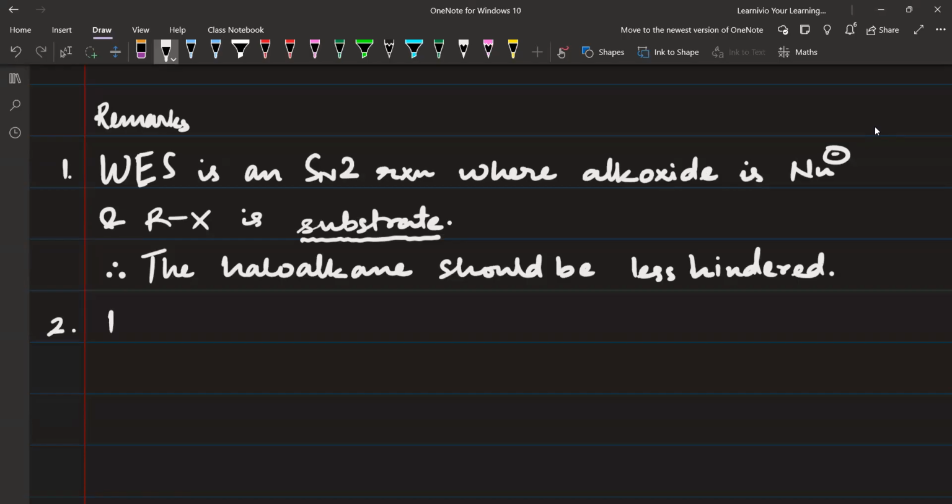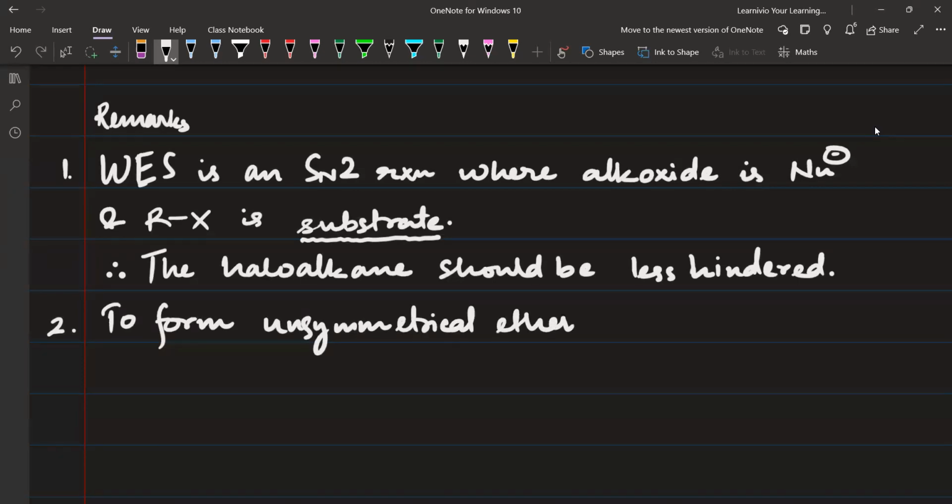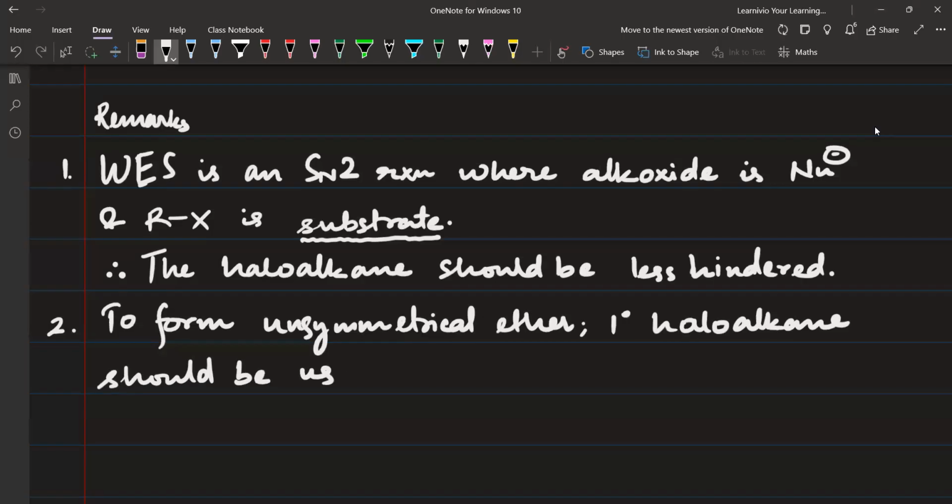Second point, to form unsymmetrical ether, 1 degree halides, 1 degree haloalkane should be used preferably.